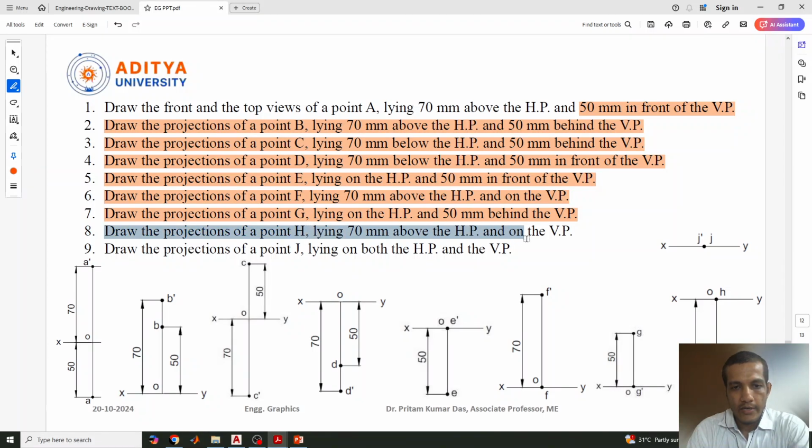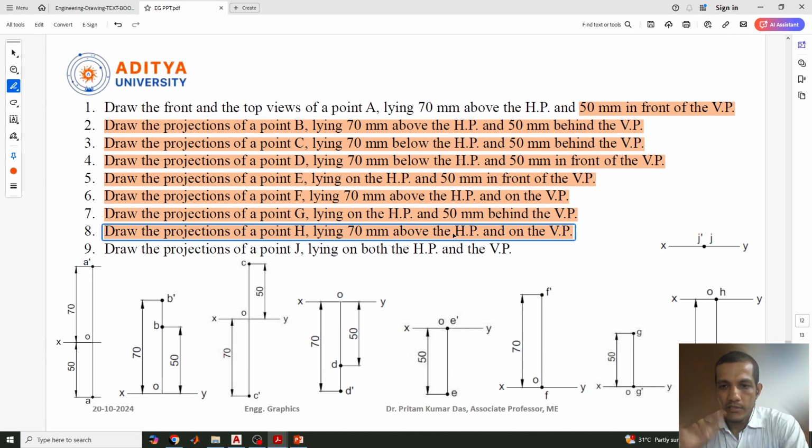The projection of point H lying 70 mm above HP, above HP, it may be first or second quadrant, and on the VP. Above HP, on the VP. This is a similar kind of question we have seen, I think.